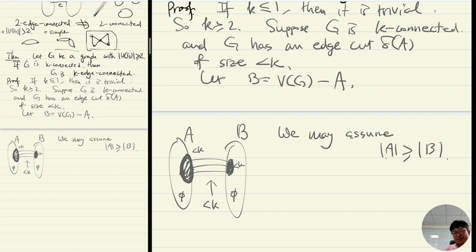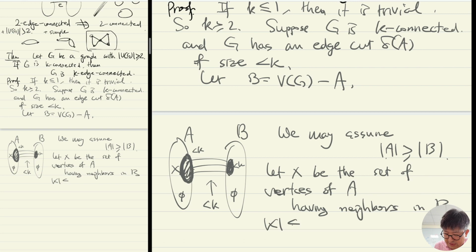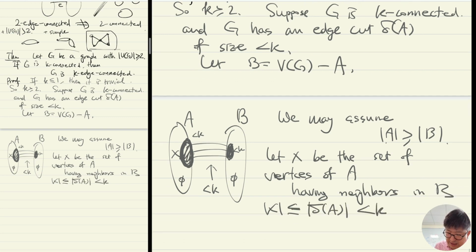And so this is X. Let X be the set of vertices of A having neighbors in B, then size of X is less than the number of edges, which is less than K.